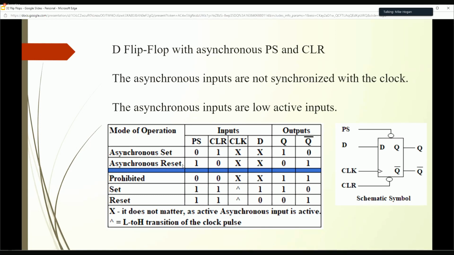But look at the next set of inputs. Here I have a 1 on preset. This is not active. I get a 0 on my clear. Clear is active low. And so now I have an active asynchronous input, clear. That means immediately I'm going to get a 0 on Q. You see that 0 on Q. Thus, Q naught is the opposite, or 1.